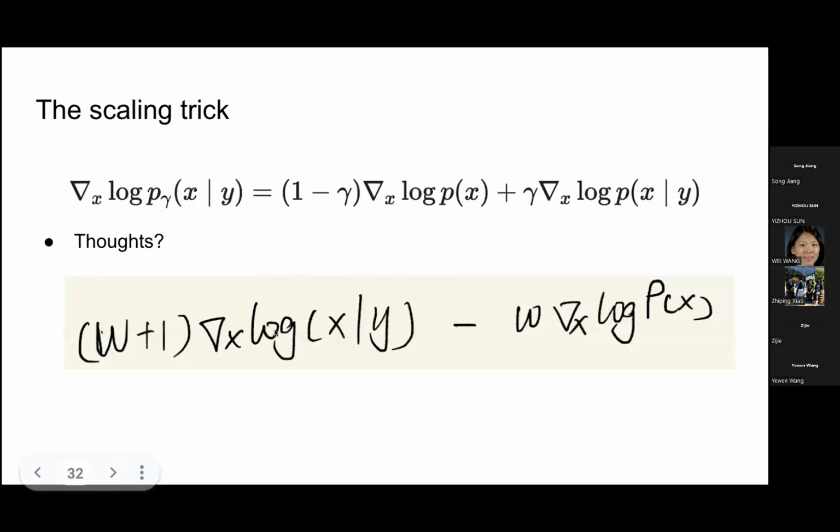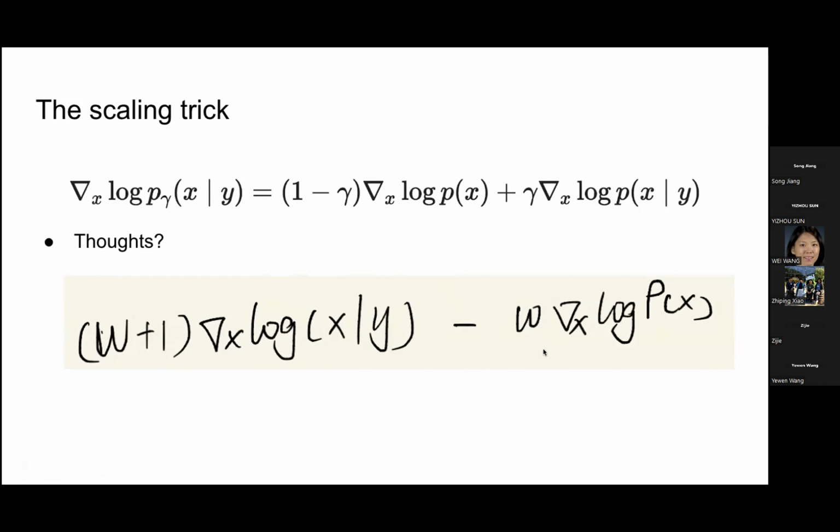An interesting thing here is that this gamma, as we know before, is larger than 1. It works well if it's larger than 1. Then 1 minus gamma is negative, and if we put a negative here, then this w is positive. Definitely this one is also positive. So this is positive minus positive.